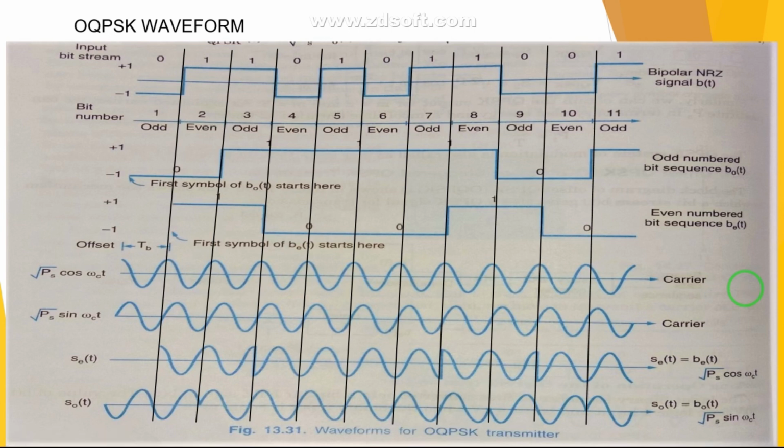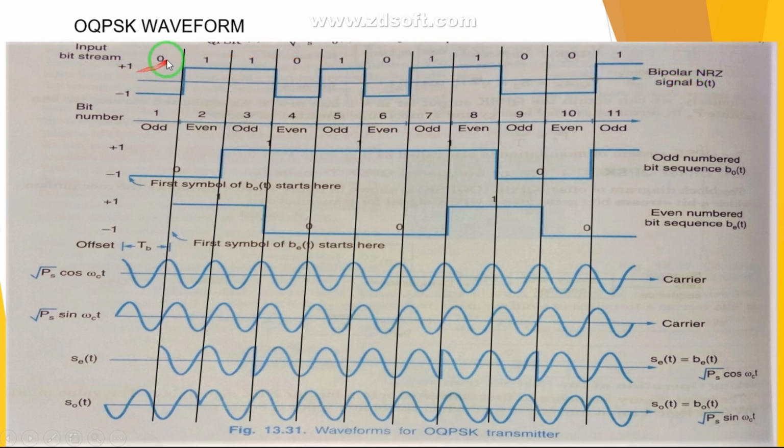Now from this waveform, if you observe, this is your input bit stream, that is 0, 1, 1, 0, 1, like this. We have considered this one. Now this input data 0, 1, 1, 0, 1, 0 is converted into a bipolar non-return to zero, that is NRZ signal.